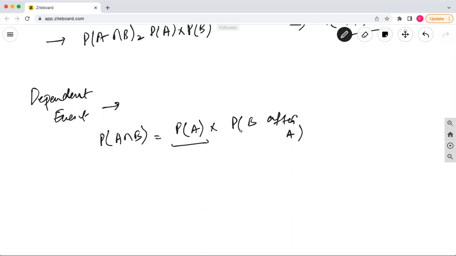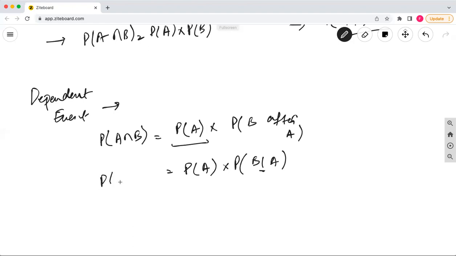Now the probability of B will depend upon the probability of A. And we usually represent this with the conditional probability sign, right? That means the probability of B given A. We are finding the probability of B such that the event A has already occurred, right?